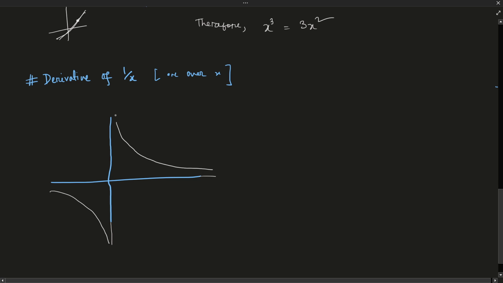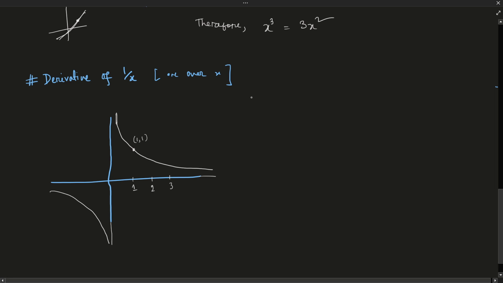We will work with this portion. Suppose we have a point here, 1 comma 1, and suppose this is 1, this is 2, and this is 3.